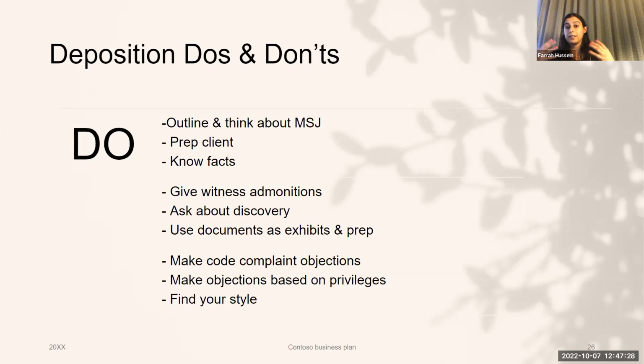The last portion of the outline is asking discovery-related questions in the deposition, something we don't see often. I think it's an underutilized tool, but we have some slides later on to talk about that. Really be thinking about the motion for summary judgment when you are outlining a deposition.